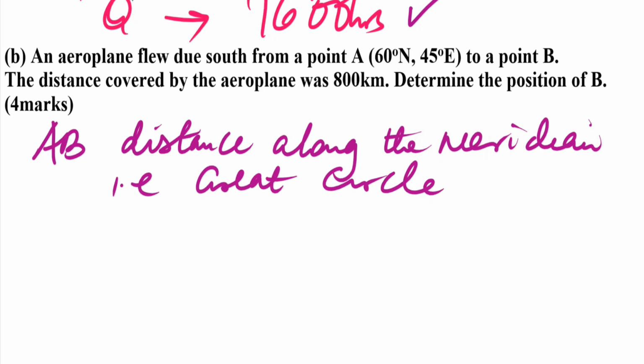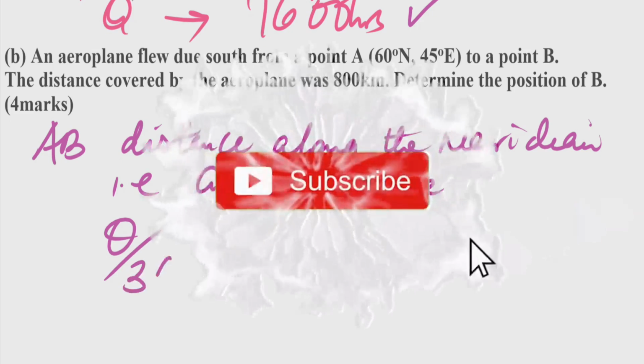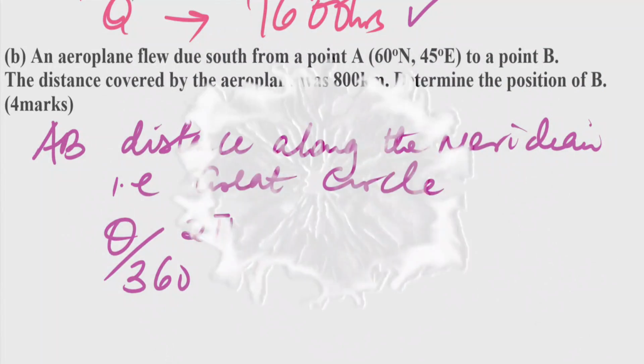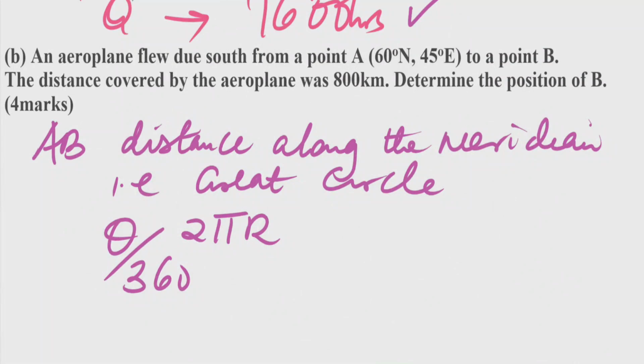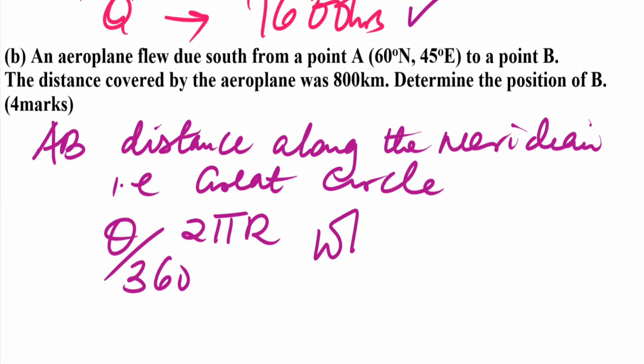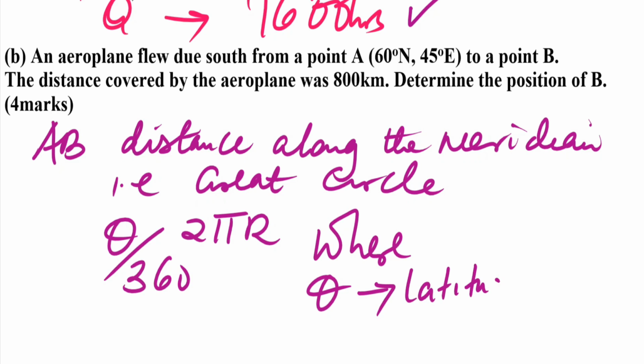So to obtain that distance in kilometers, this is how we obtain it. Distance is given by theta over 360 times 2 pi r, where in this case theta will be the latitude difference.